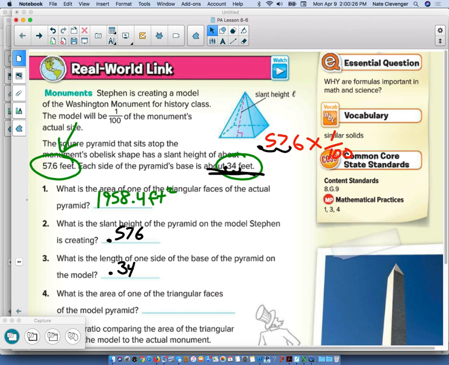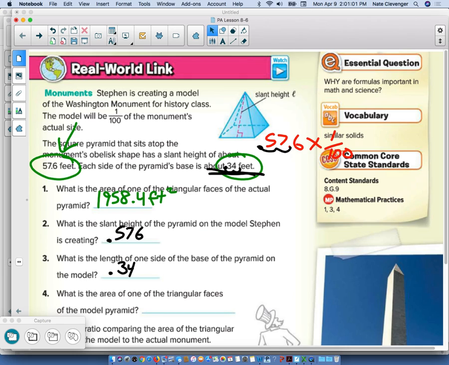How would we, Olivia, find the area then of the model triangle? How do we find the area of a triangle? Base times height divided by 2.